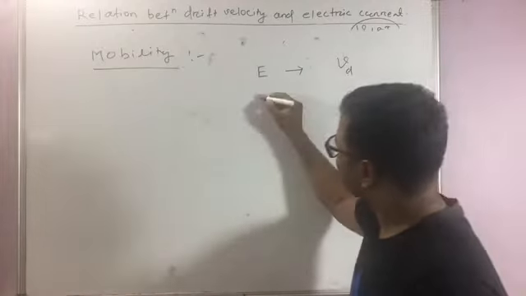So per unit electric field, if the electric field were unity, the drift velocity would be Vd upon E. This quantity represents the drift velocity per unit electric field. This quantity is called mobility, and the symbol is mu. Mu is equal to Vd upon E. So Vd is, for an electron, if you take the magnitude, e tau by m into E, divided by E.